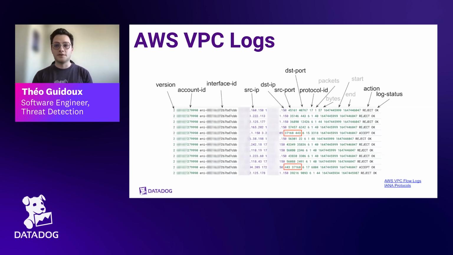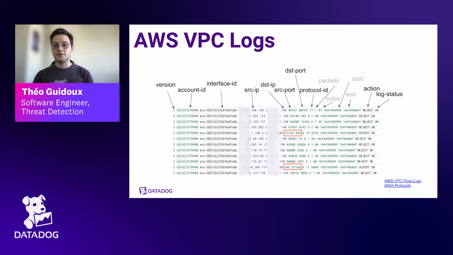Then we have the account ID, which is the AWS account ID where the request has happened. Then we have the interface ID, which is the ID of the Elastic Network Interface. An Elastic Network Interface is similar to the Wi-Fi adapter on your laptop, but it's running in the cloud.